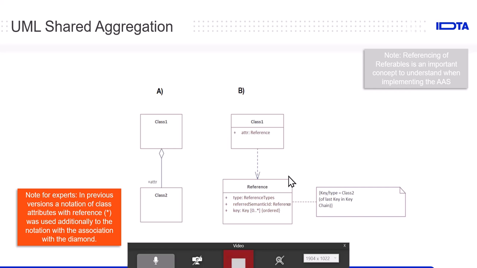In previous versions, perhaps some remember, we used a notation where we had a star behind the attribute. Now in this version, we did not mix the styles and always did it the same way.